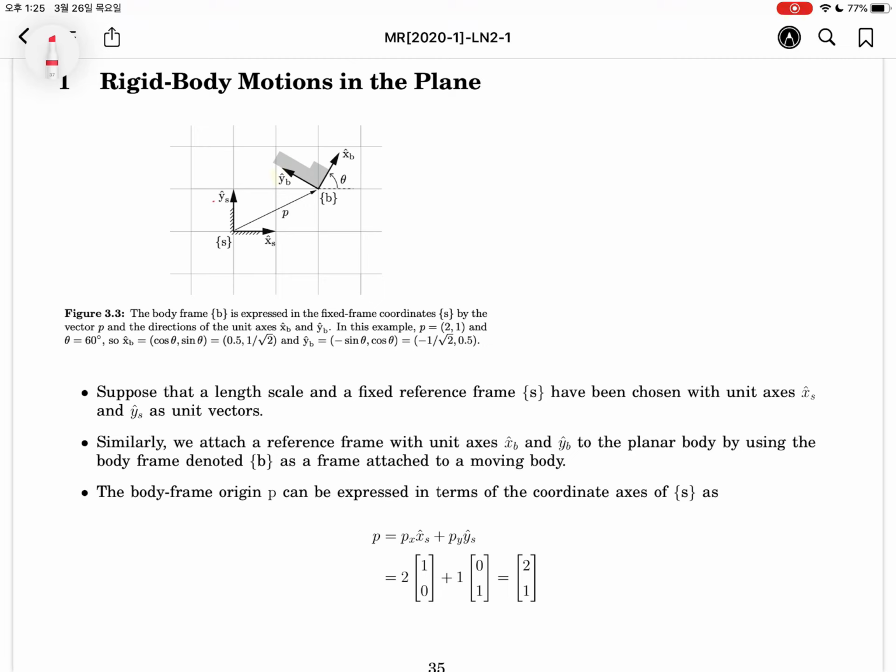The XB axis can be described using XS and YS, by projecting onto the x-axis and the y-axis, and then we get the cosine and the sine. So we can describe xb using xs and ys. On the other hand, yb can be described using xs and ys with the cosine and sine convention. It's not difficult, it's easy.